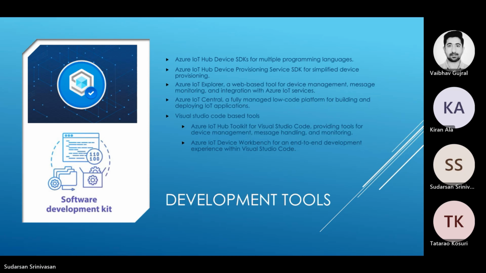So as a hardcore coding developer, IoT Hub and device provisioning service are all great, but how do I write the code? How do I code to it, right? So it gives a lot of SDKs. There are device hub SDKs, there are device provisioning SDKs, and you have other custom-built extensions especially for Visual Studio Code.